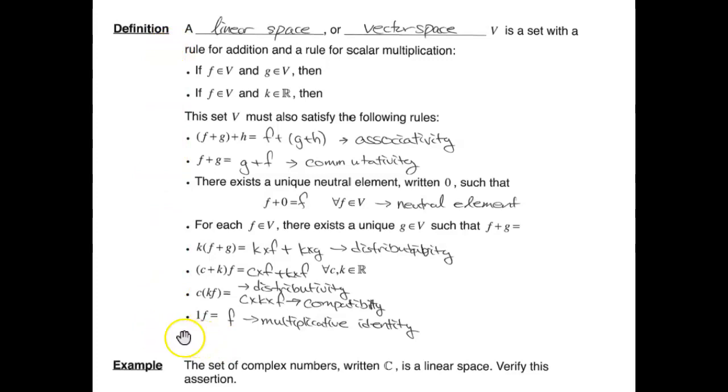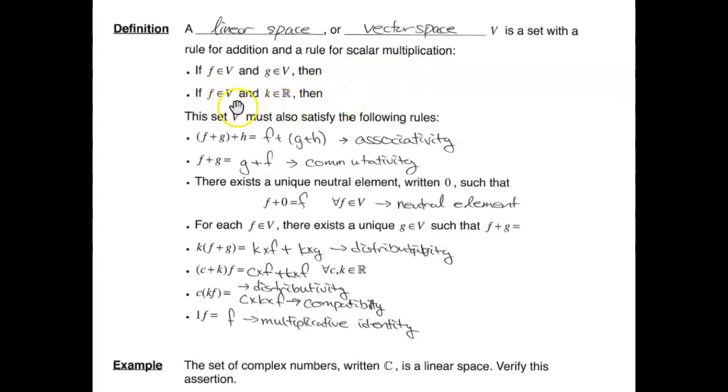It's because these things happen with vectors, and if it happens also with other types of elements, then we can also call that space a vector space. So what are these? If you add, I guess here there's a part missing. If f and g are both in the vector space, then f plus g is in the vector space.